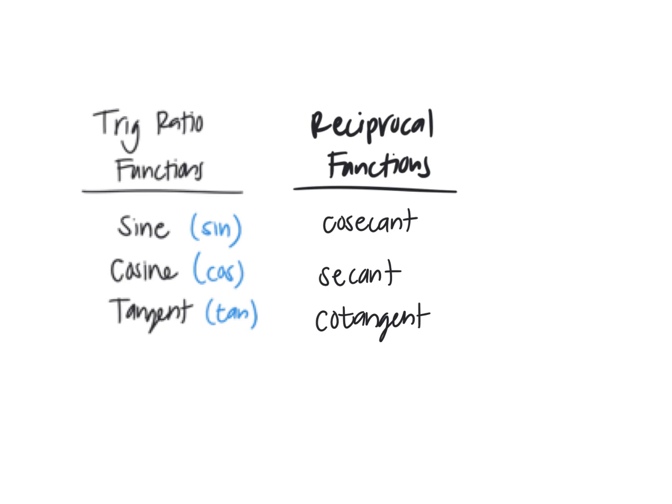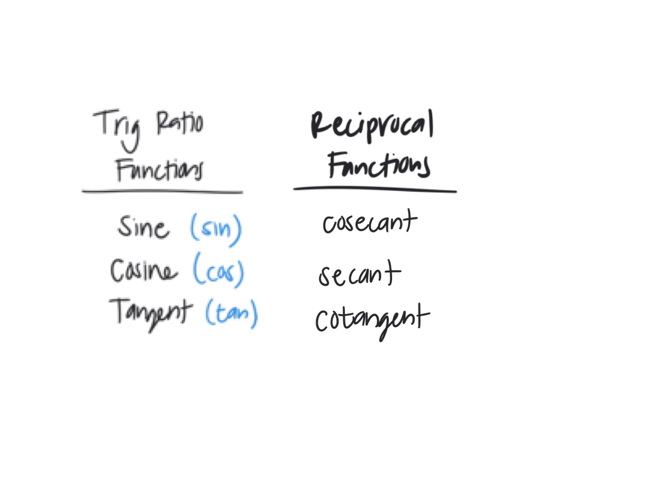And I wrote them in that order specifically because sine and cosecant are related, because one of them is just flipped over. Your fraction that you normally do with SOHCAHTOA, like opposite over hypotenuse, is the opposite. So it'd be hypotenuse over opposite for the side length.